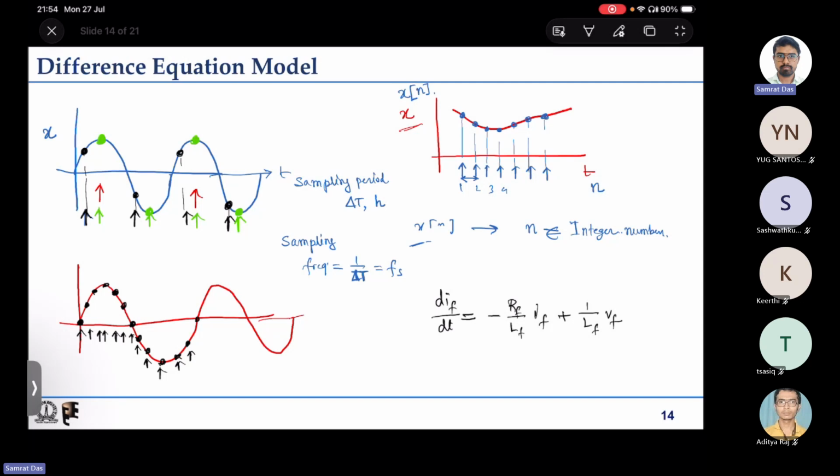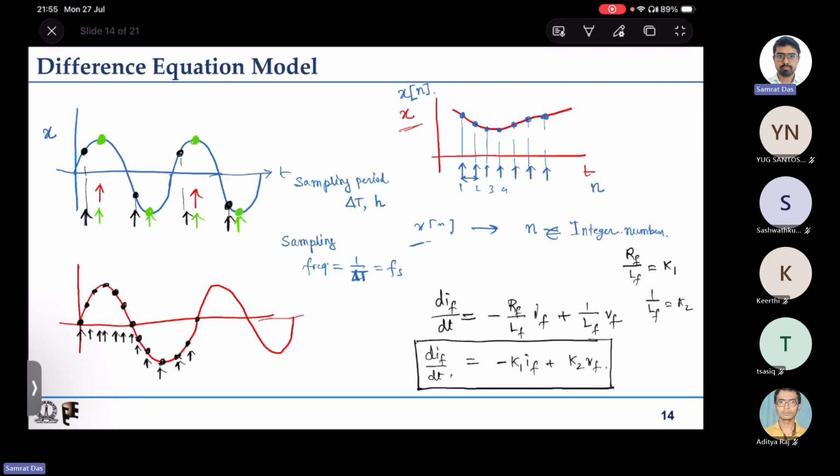So for simplicity, let me assume that Rf by Lf, I represent as K1, and 1 by Lf I represent as K2. So our differential equation becomes dIf/dt = minus K1 times If plus K2 times Vf. This becomes our differential equation, which we will discretize, or convert to its difference equation model by using certain numerical methods.